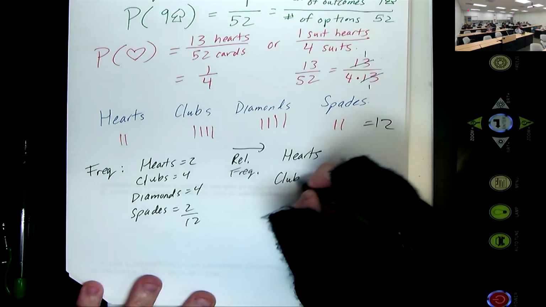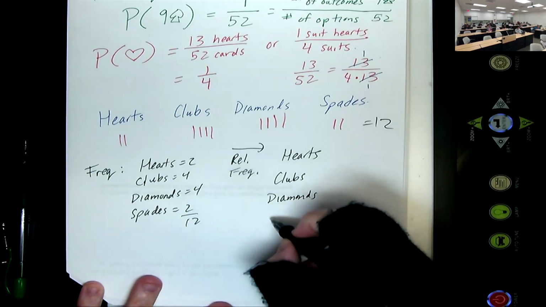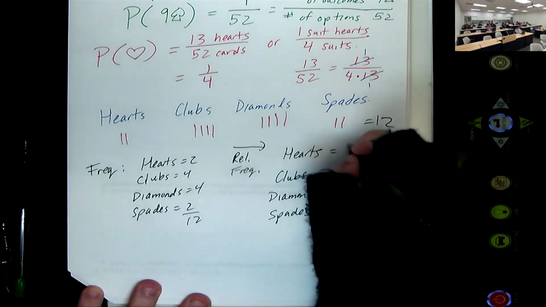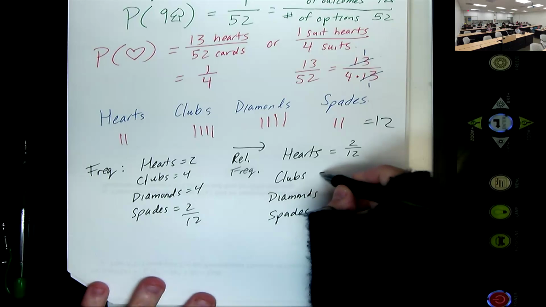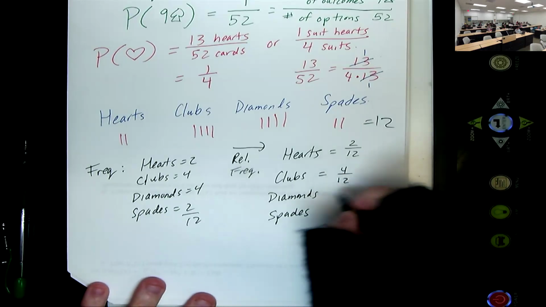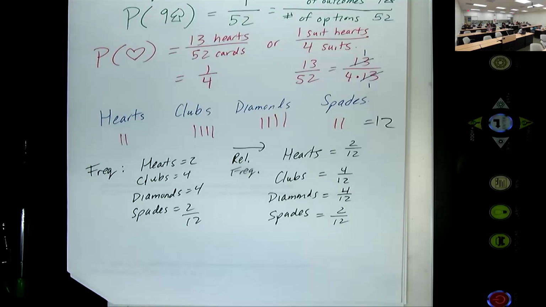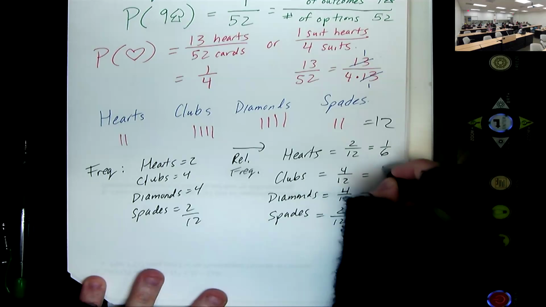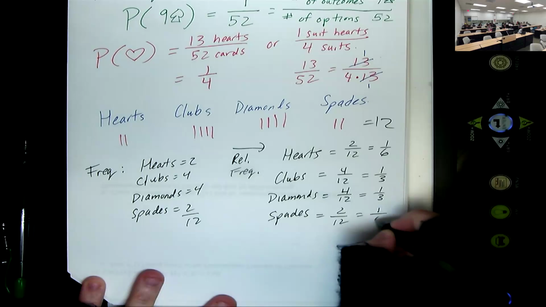Write the categories again. This is 2/12, this is 4/12, 4/12, and 2/12. If I reduce these, this is 1/6, 1/3, 1/3, 1/6.